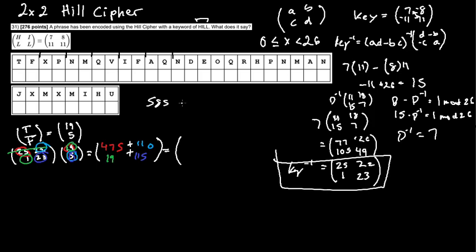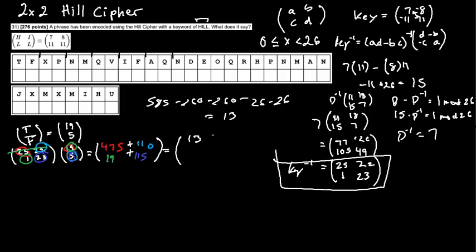We do 585 mod 26, which would be like 260 minus 260. It's much faster than division in my opinion, if you don't have a specific mod function. Minus 26, minus 26. Yeah, minus 26, minus 26. 13.